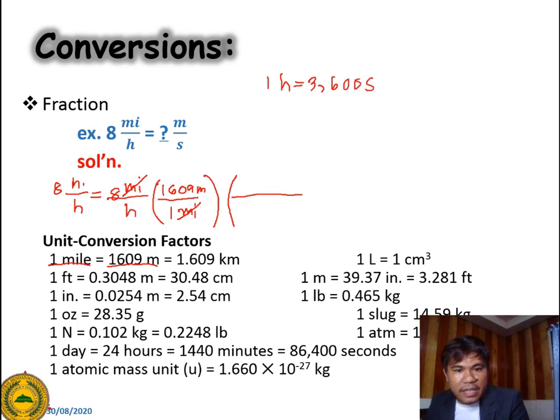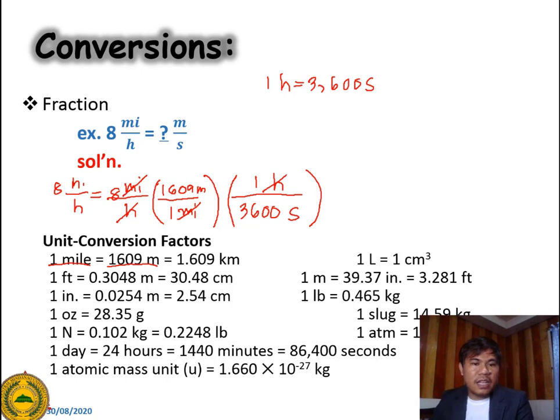So we write 1 hour in the numerator and then 3,600 seconds on the denominator. So here we cancel out the hour in the numerator by the hour at the denominator on this part. So we are now left with meters in the numerator and seconds in the denominator. So that's the unit that we want.